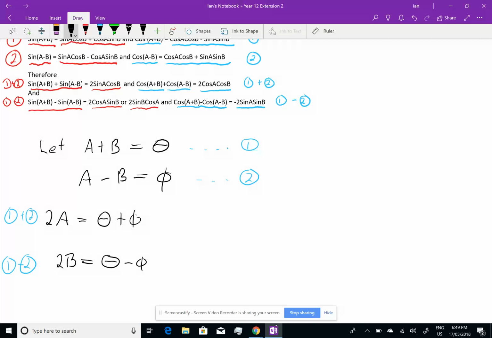So therefore, I can say that A equals the 2 angles added and halved, and B equals the 2 angles subtracted and halved.